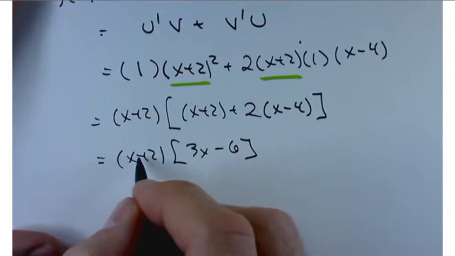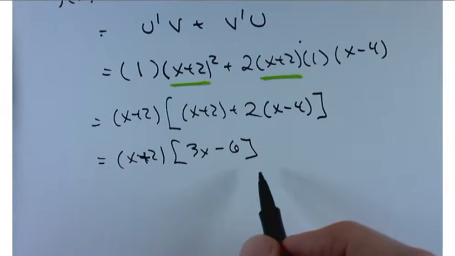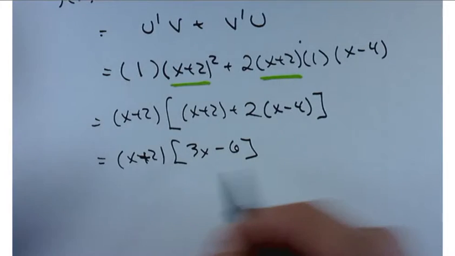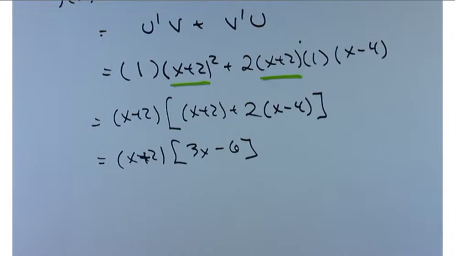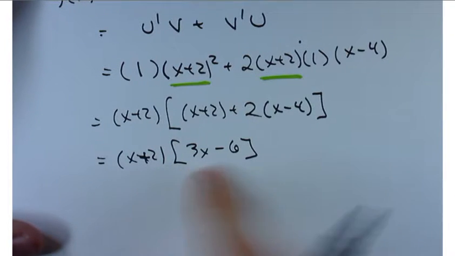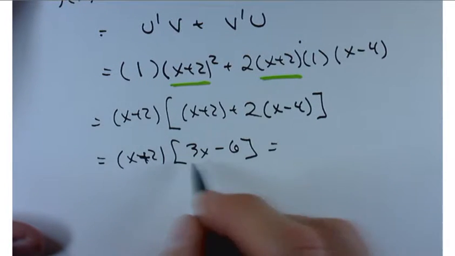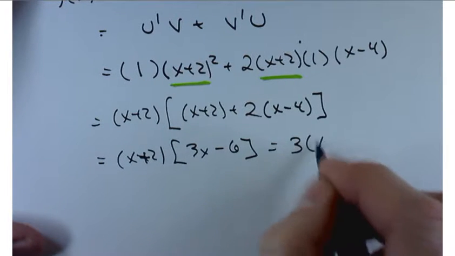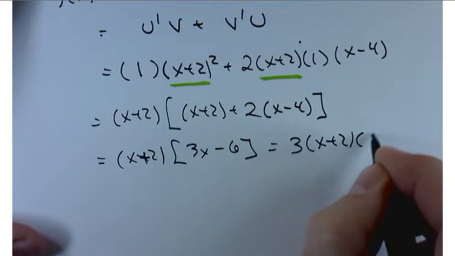Last but not least, I don't really need to go this far. I think right here you can probably see where the zeros are, right? Where would the zeros be? Negative 2 and 2. You can, if you want, factor this out a little bit more. You can factor out a 3 from here: 3 times x plus 2 times x minus 2.